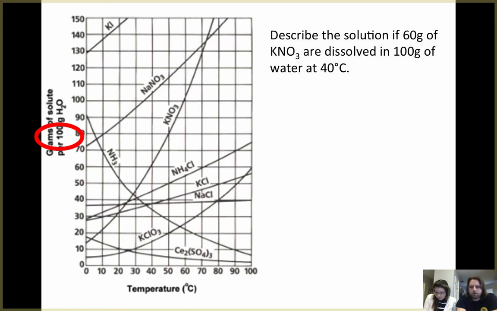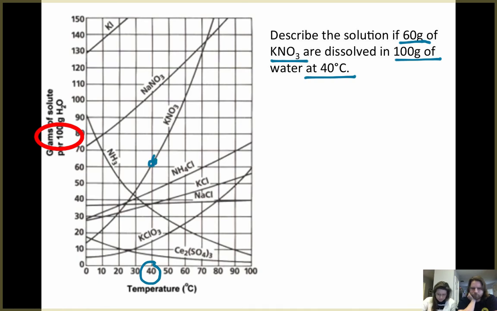Describe the solution when 60 grams of potassium nitrate are dissolved in 100 grams of water at 40 degrees C. I just treat this like a graph and plot the point, right? Exactly. Here's my 40. Let's look at how much potassium nitrate can dissolve at 40 degrees.